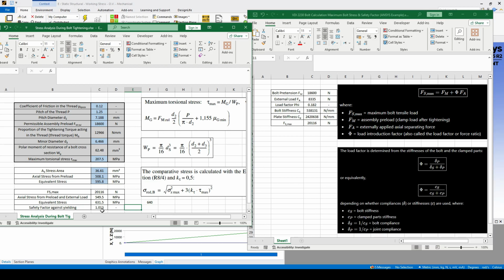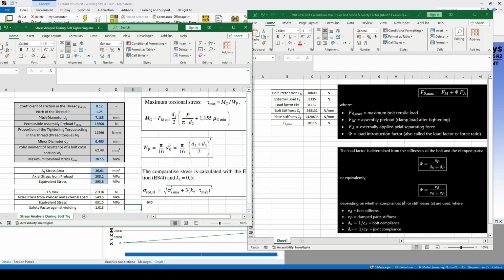That is not recommended according to VDI. VDI recommends always having a safety factor above 1.1 for safe bolted plate connections.